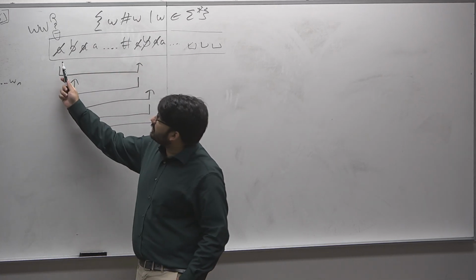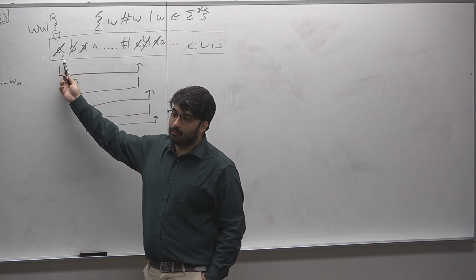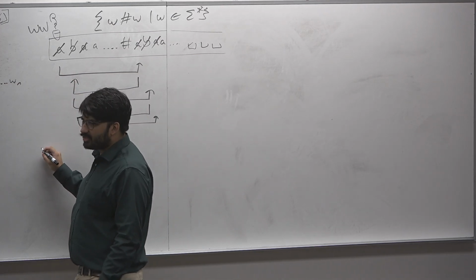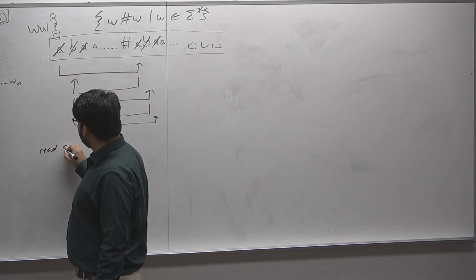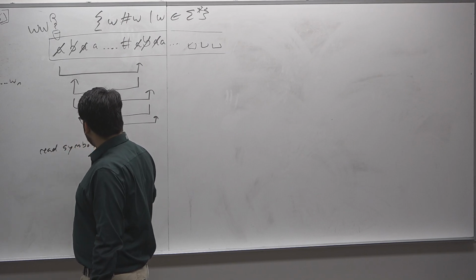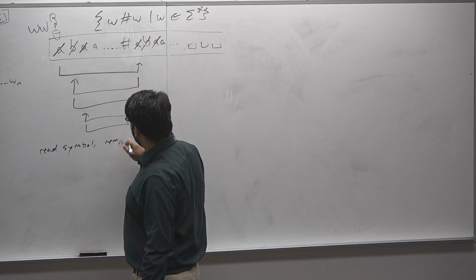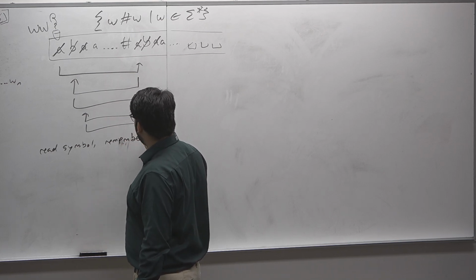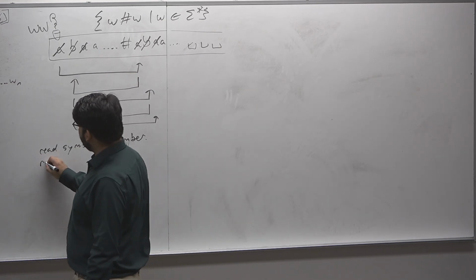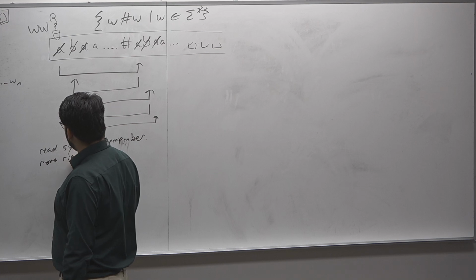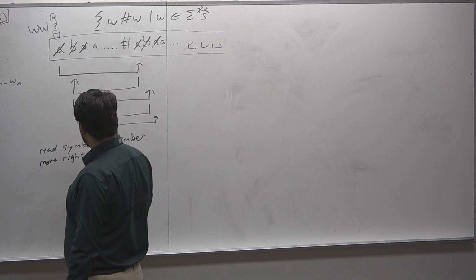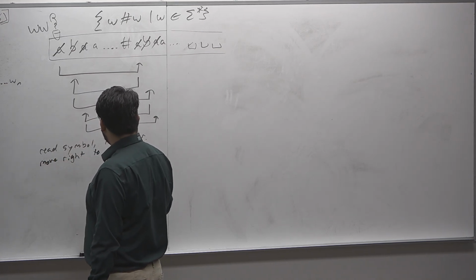At a high level, you're going to read the symbol. Let's make pseudocode. Read the symbol and remember it. Move right to the next unmarked.